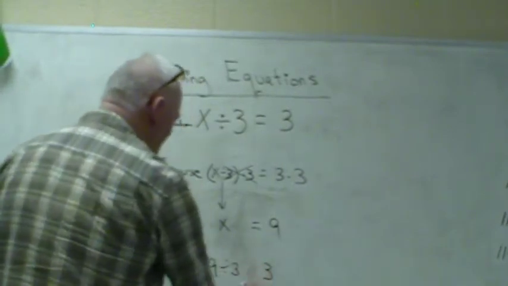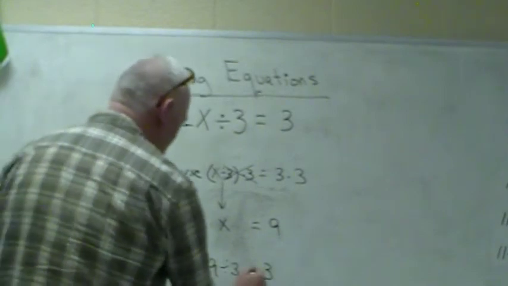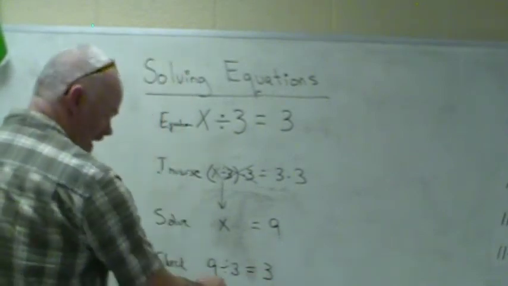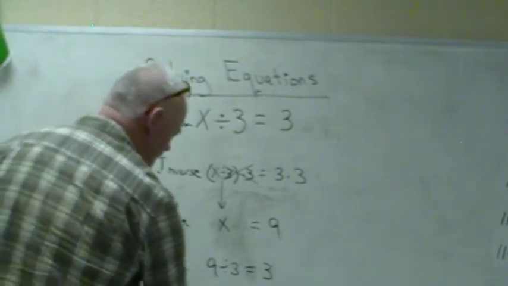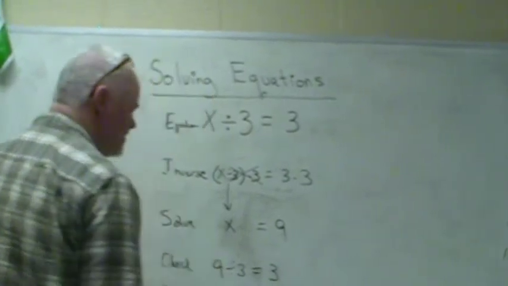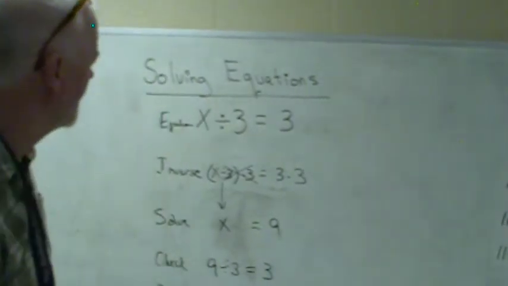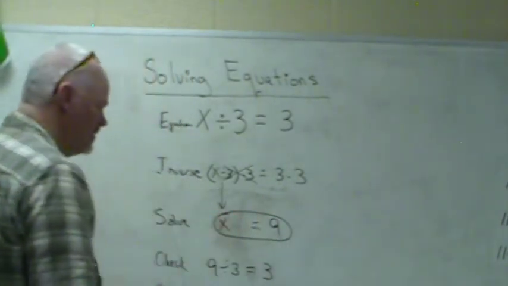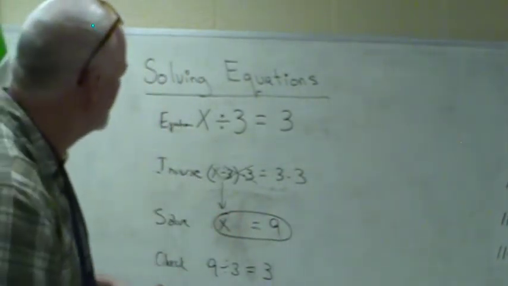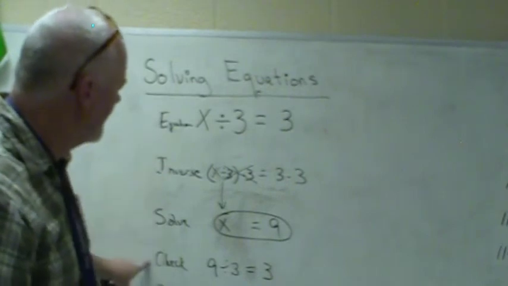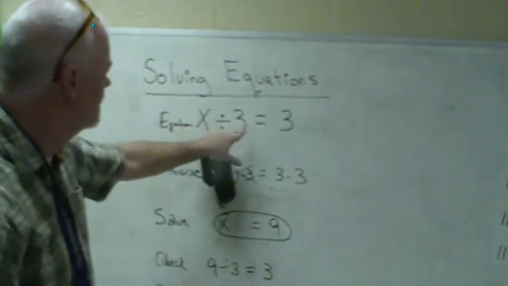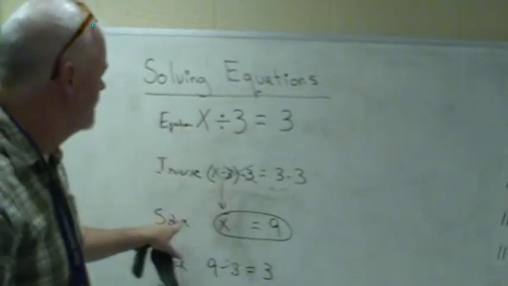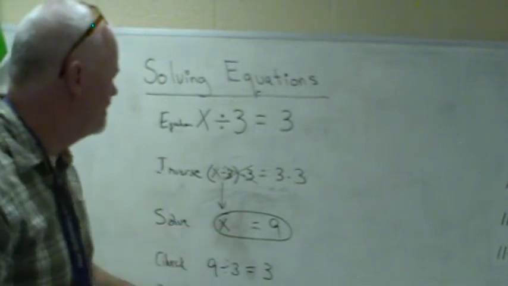I leave it blank because it's supposed to equal 3. I will put it there. 9 divided by 3 is 3. 3 equals 3. Put a check there. You did it right. So our answer is technically x equals 9. Always circle your answer. Even iguana skin can burn. Equation. Do the inverse. Solve it. Check it and balance it.